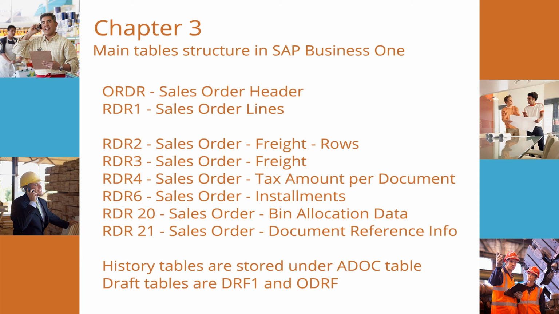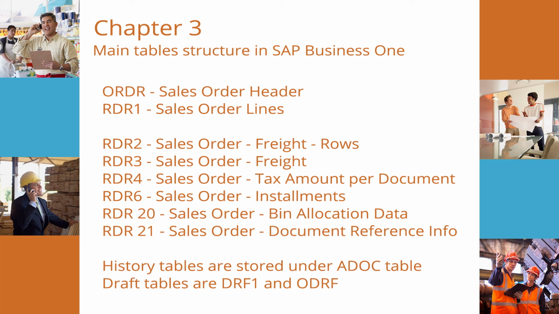normally starts with O. Okay, so if you're looking at header of invoice or header of sales order, it will normally start with O. So if order, the acronym the developers of SAP decided to give it is RDR, so header of order will be ORDR, with invoice, credit memos, and so forth.